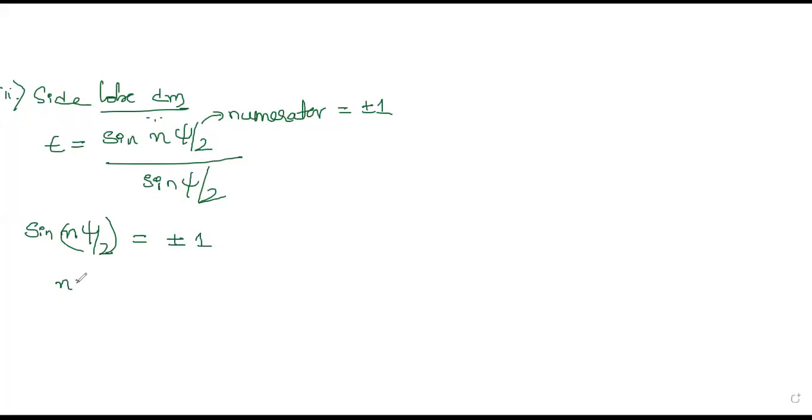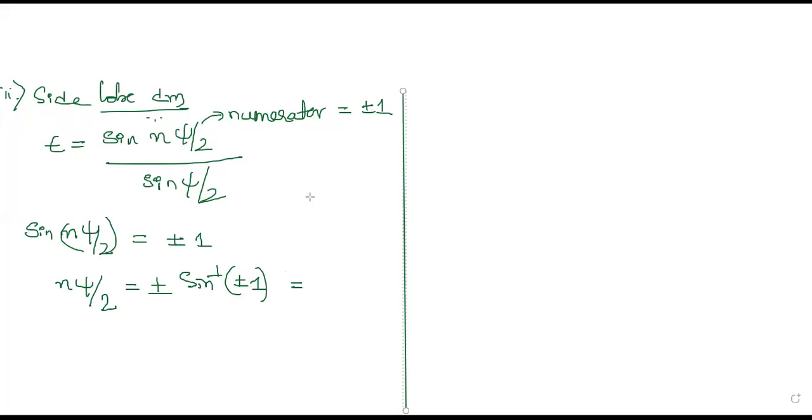So n psi by 2 is equal to plus or minus sine inverse of plus or minus 1. What is the general equation of sine inverse of plus or minus 1? Then your sine will be plus or minus 1. 90 degrees into 7.